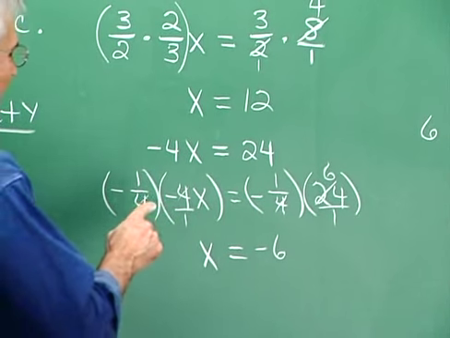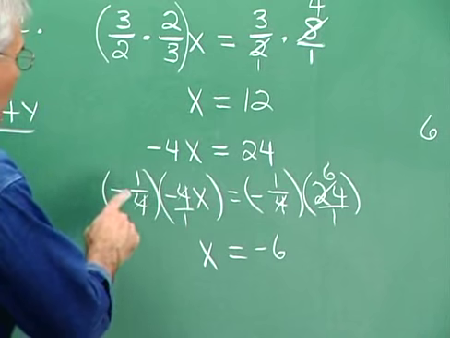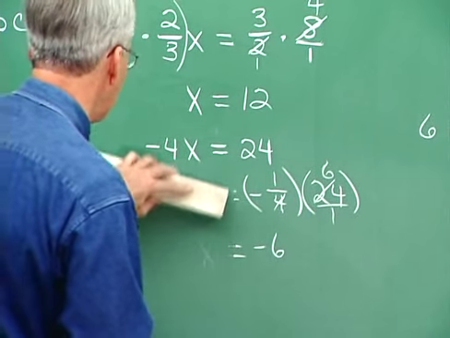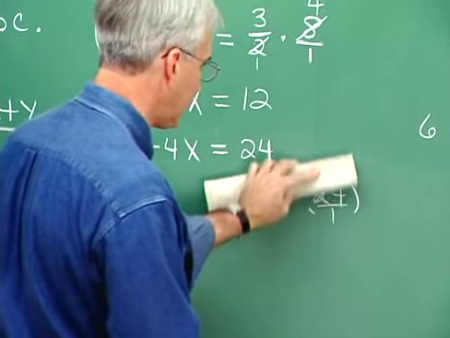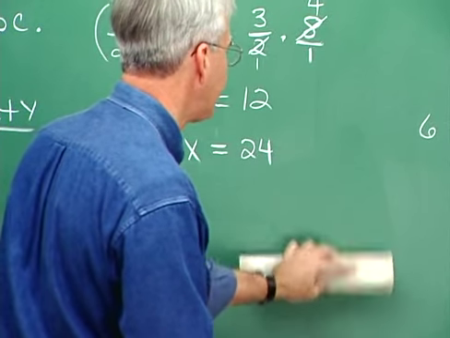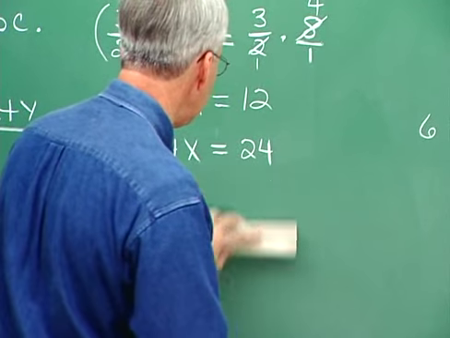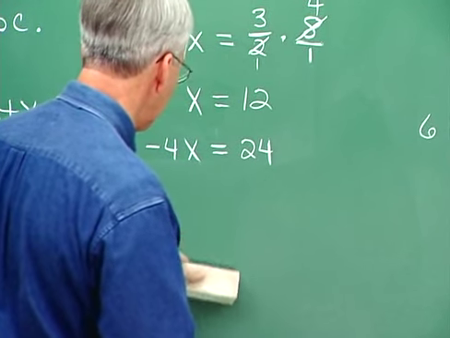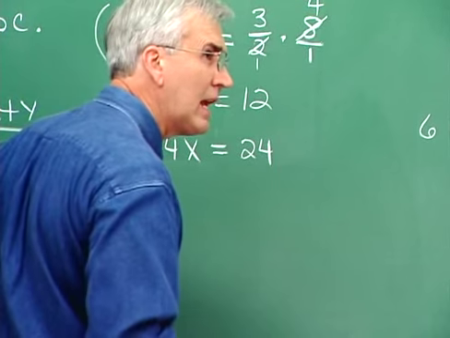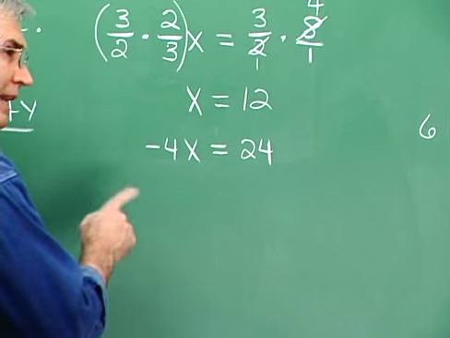Let's look at another way to approach this. Rather than thinking of multiplying by a reciprocal here, what I'd rather do, and in the long run it's a little faster, is to simply realize that dividing by -4 is the same thing as multiplying by -1/4.